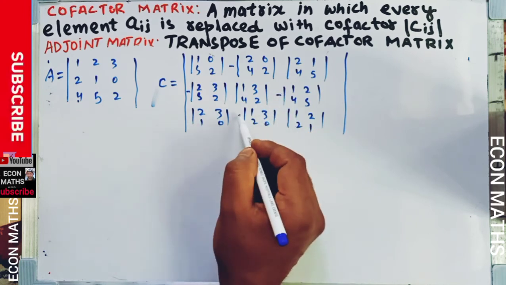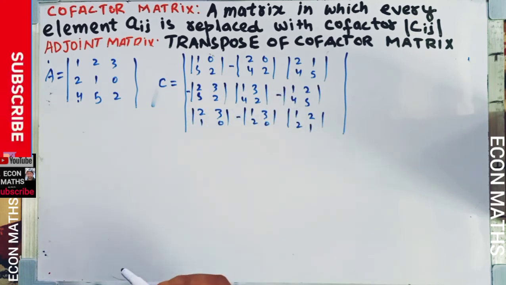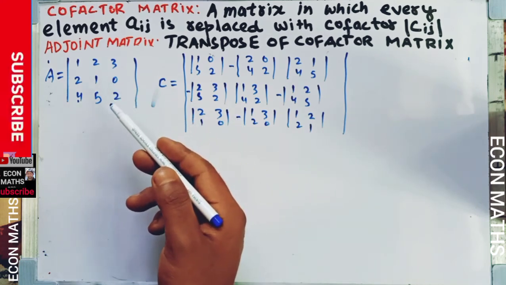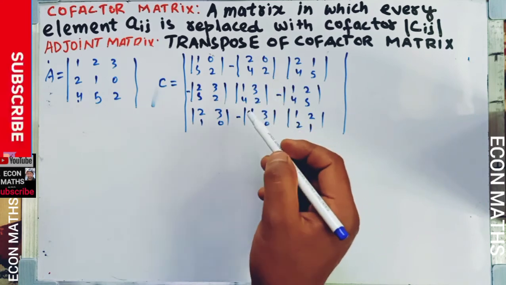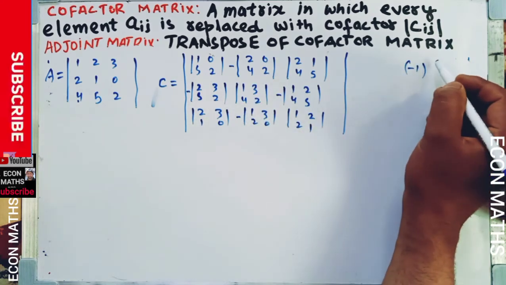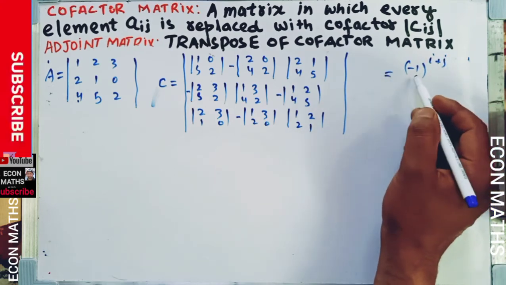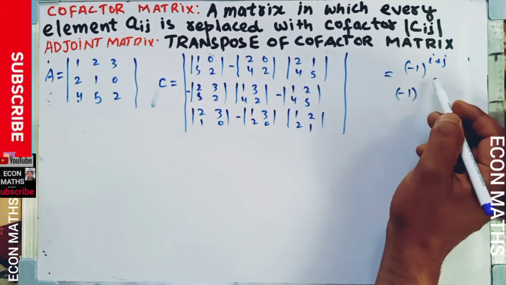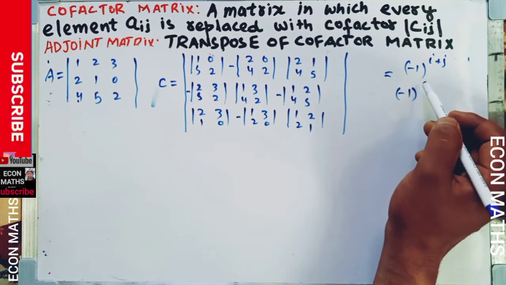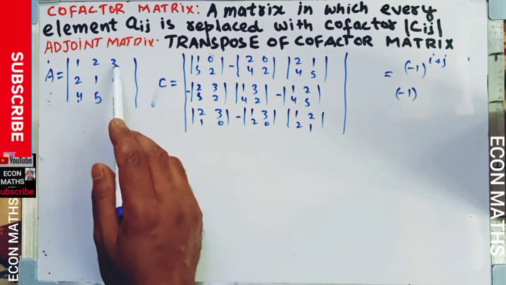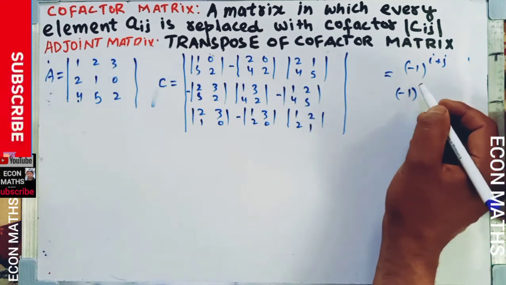Similarly, this is positive, this is negative, and the last one is positive, because a cofactor is a minor with proper sign, and the sign is given by the subscript of the element, that is (-1) raised to the power i plus j. Here we can see this is A13.